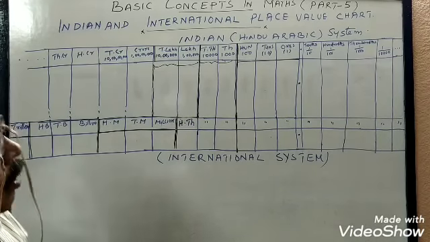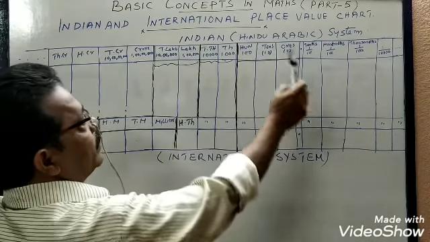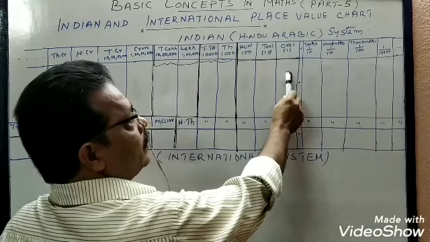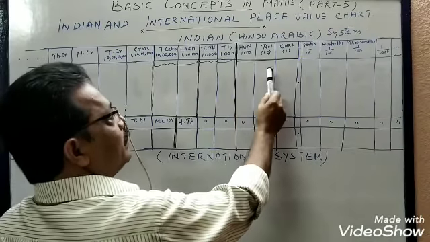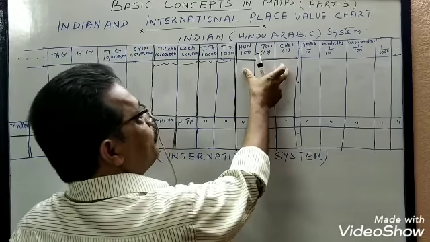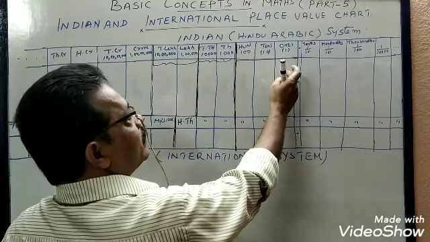You look at the board. In the Indian system of numeration or Hindu-Arabic system of numeration, the first place is called ones, then tens, then hundreds. Ones, tens and hundreds together form the first period of the system. So in the first period there are 3 places.